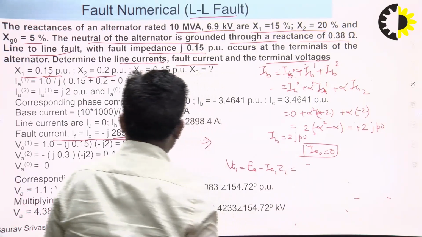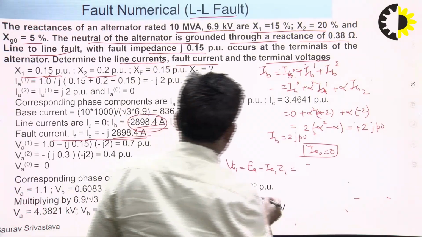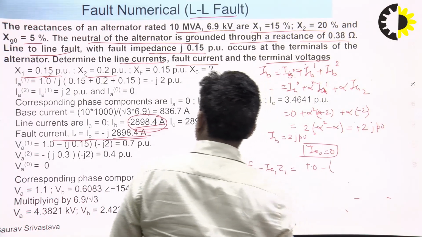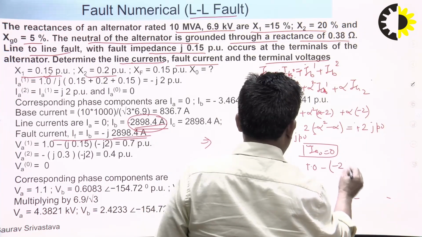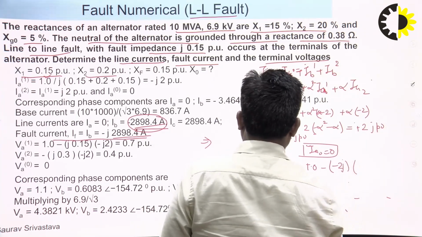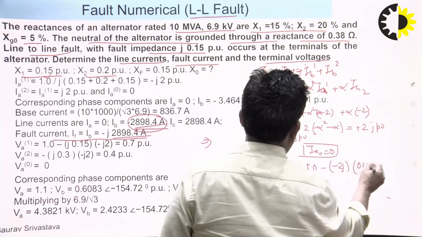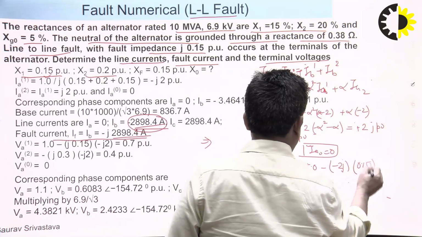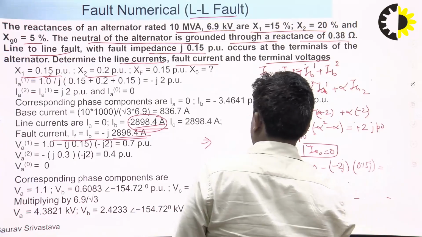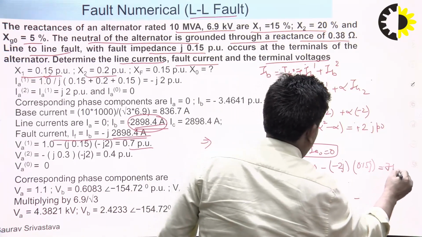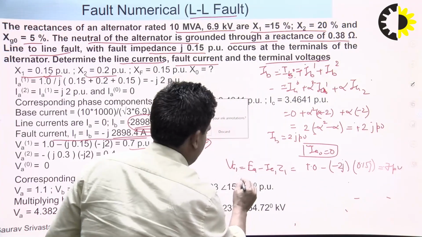So here directly we put 1 minus IA1, whatever value was calculated here, minus 2J, and the Z1 is 0.15 with the J value. So this value becomes 0.7, and for the calculation we just write up V.